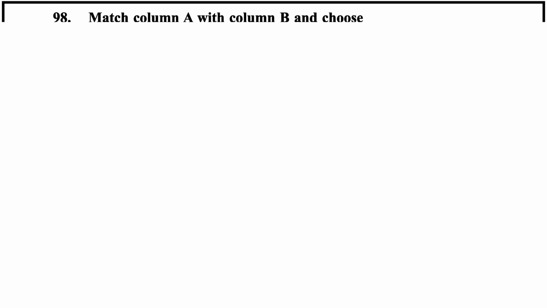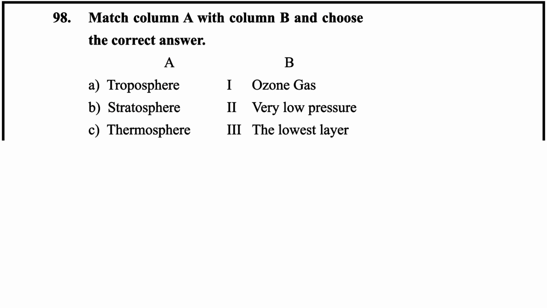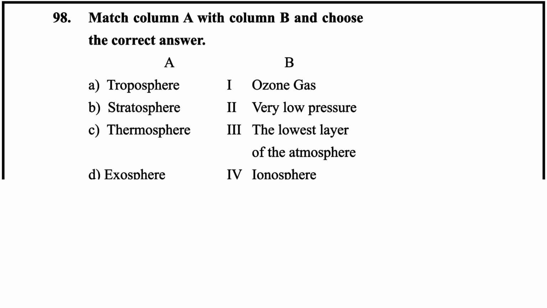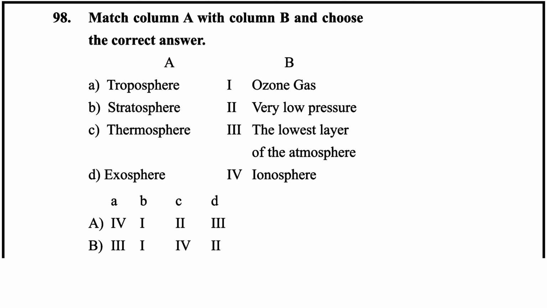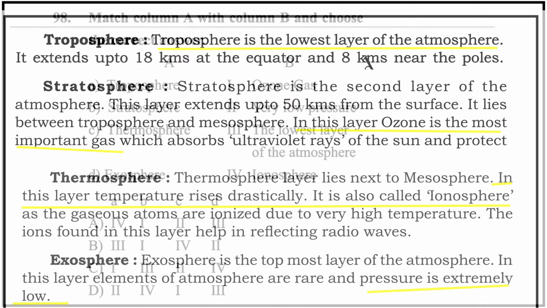98. Match column A with column B and choose the correct answer. Column A: A, troposphere. B, stratosphere. C, thermosphere. D, exosphere. In column B: first, ozone gas. Second, very low pressure. Third, the lowest layer of the atmosphere. Fourth, ionosphere. Let's first see the answer.